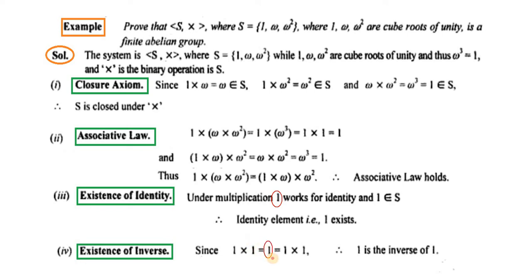This is our identity. Hence 1 is the inverse of 1. अगर हम 1 के साथ 1 मल्टीप्लाई करें तो हमें आइडेंटिटी मिलता है, लिहाजा 1 is the inverse of 1. अब हमने अदर एलिमेंट्स को चेक करना है कि 1 का इनवर्स 1 है. अब देखना है कि ओमेगा का इनवर्स क्या है और ओमेगा स्क्वायर का इनवर्स क्या है.